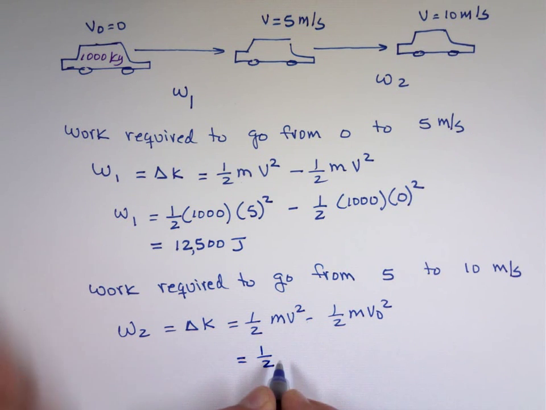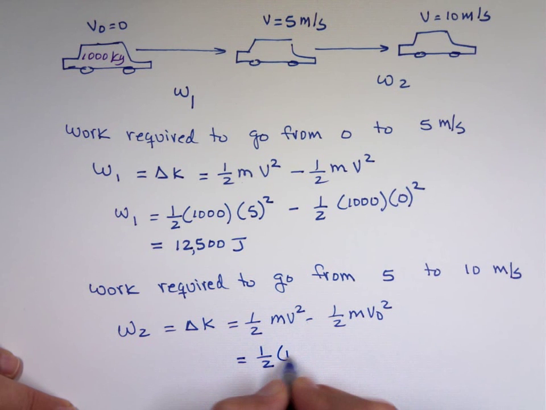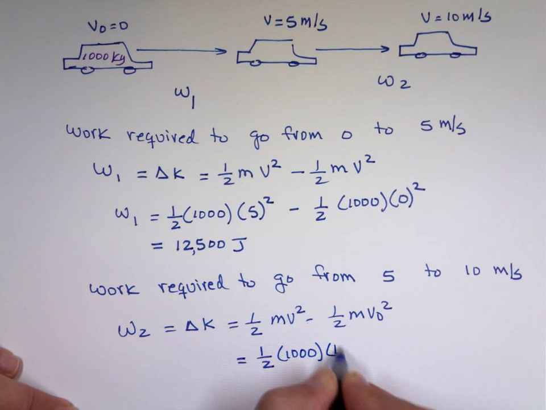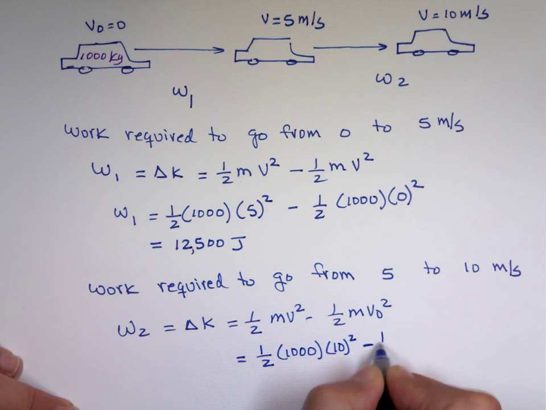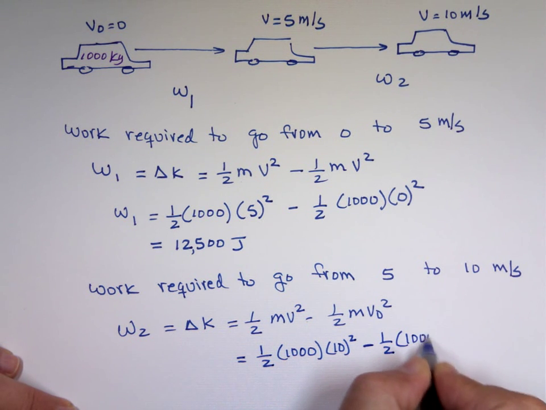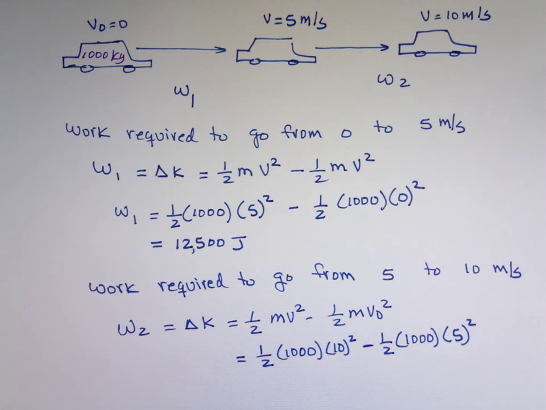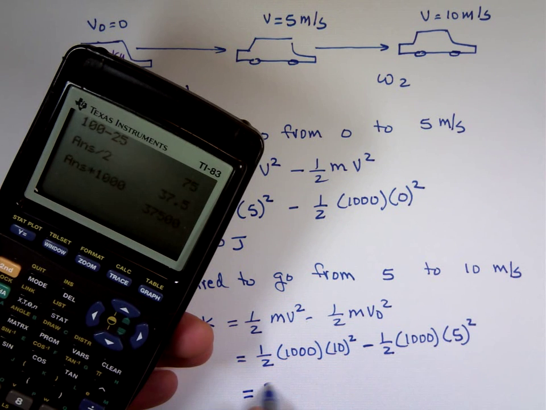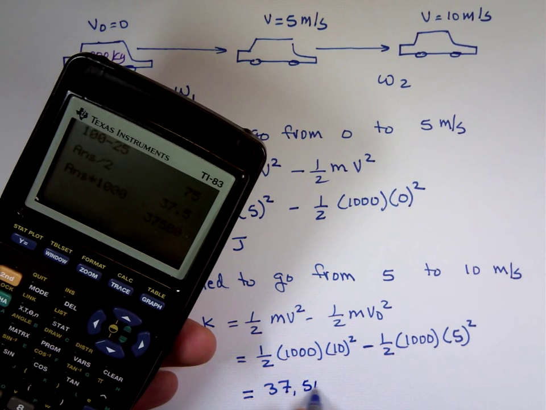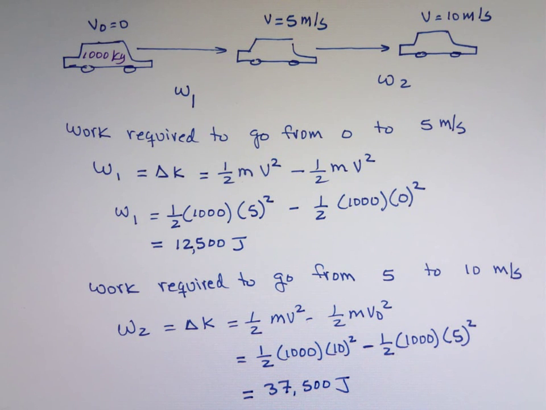The mass is 1,000. Final velocity is 10 squared, minus 1/2 of 1,000 times the initial velocity, which is 5 squared. And look how much work is required. 37,500 joules. A lot more joules. What is that, divided by 12,500?